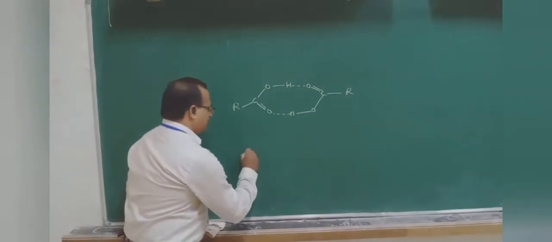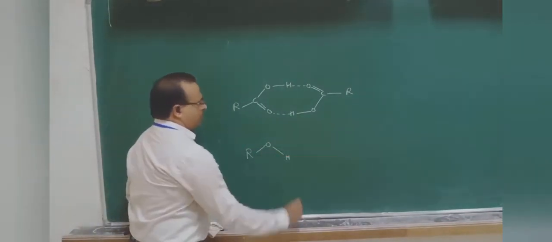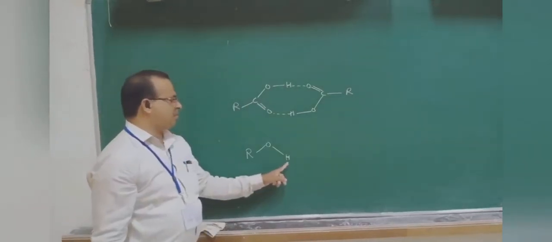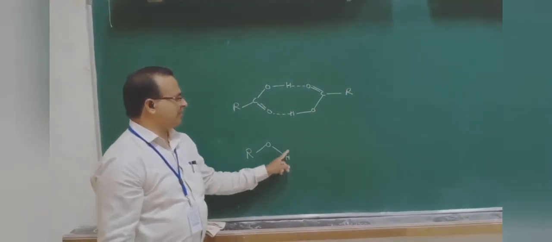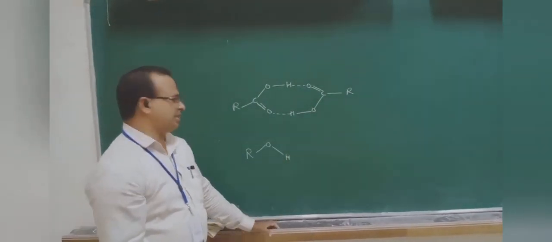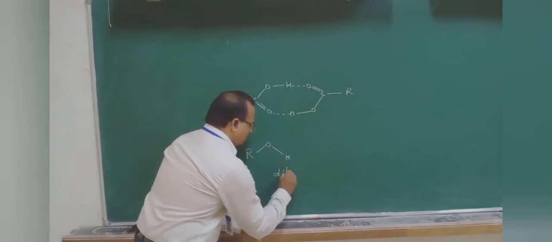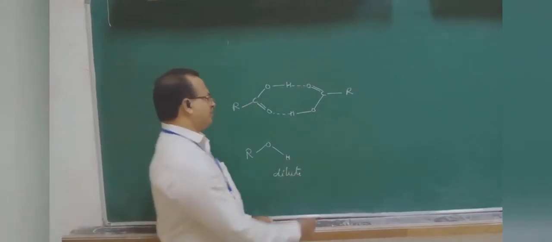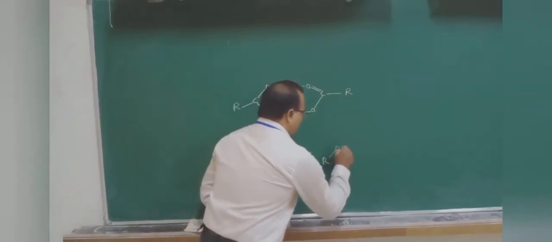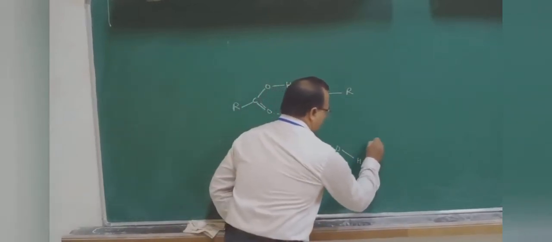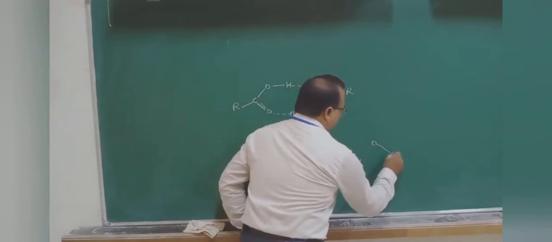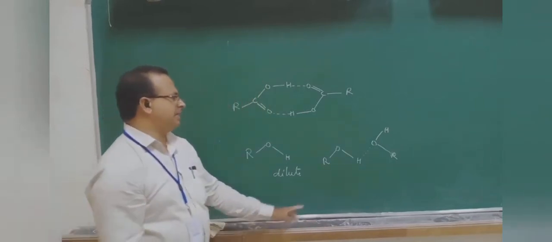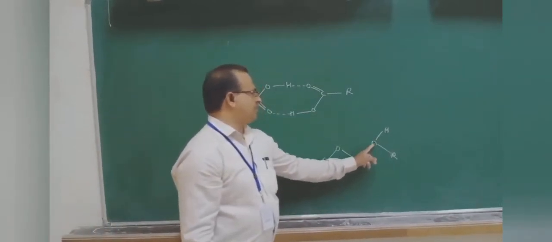Next, in the case of alcohols, we'll take another example. Here the extent of hydrogen bonding depends upon the concentration. In dilute solution, the extent of hydrogen bonding is very less, and it gives some value of chemical shift. In concentrated solution, the chemical shift values will increase because of the presence of hydrogen bonding.